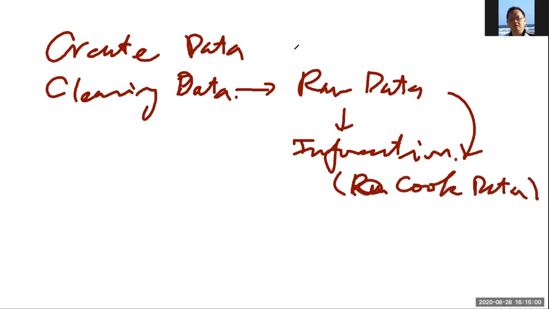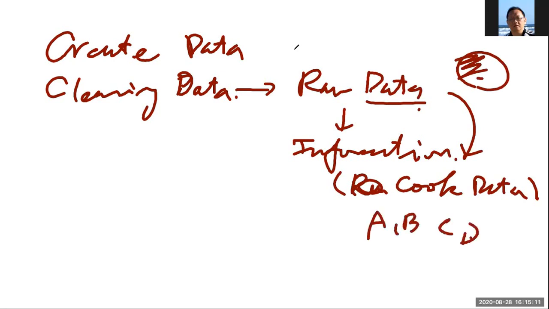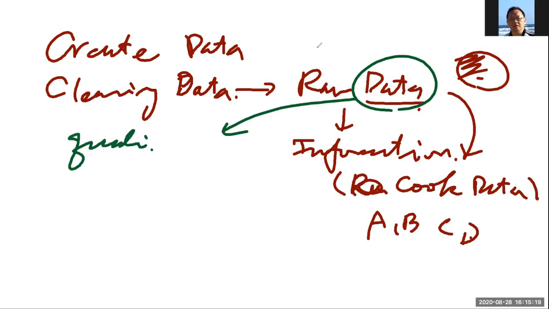Okay, so here you have the raw data to cooked data. So cooked data is from this bubble to A, B, C, D, right? And here you have two types of data. One kind of data is the qualitative data.